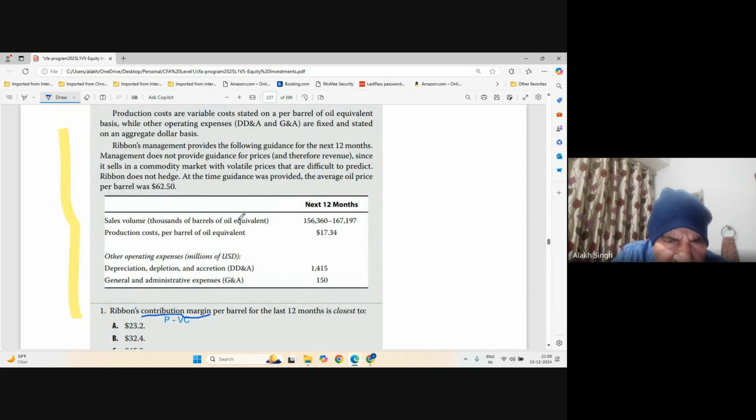Here, sales volume production for the next 12 months. At the time guidance was provided, the average oil price was 62.50. So this was the guidance that was provided.